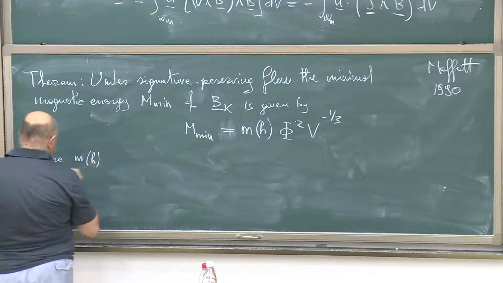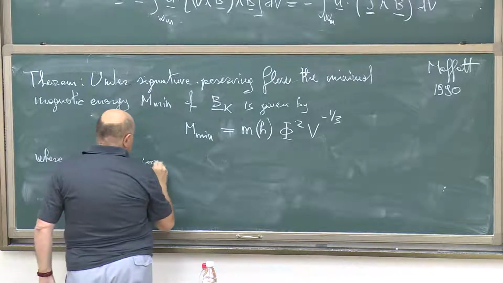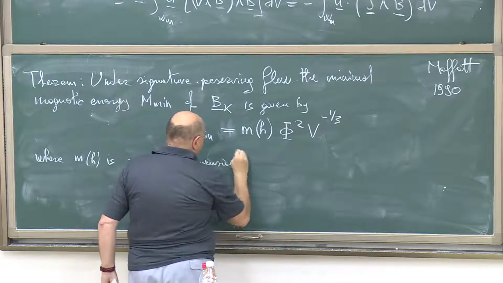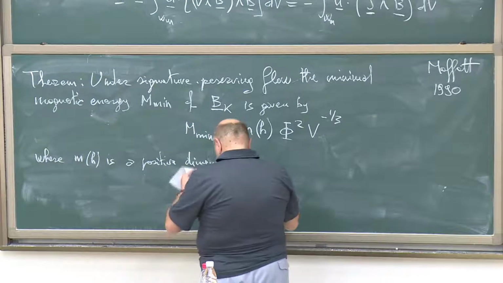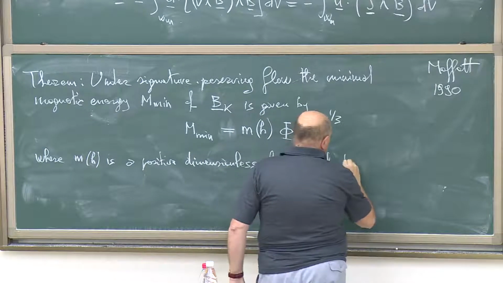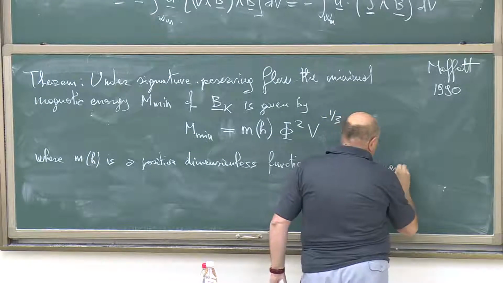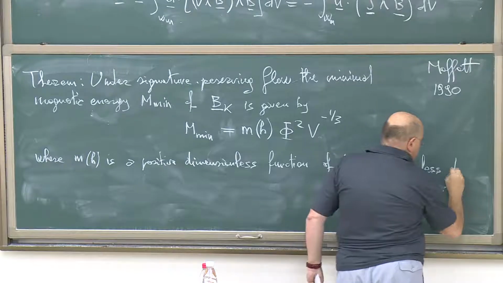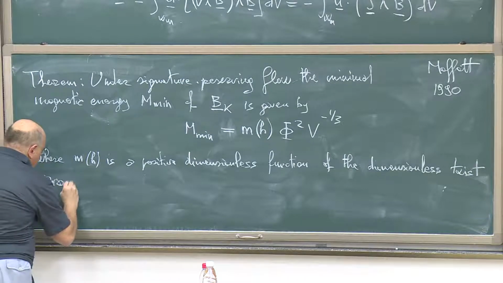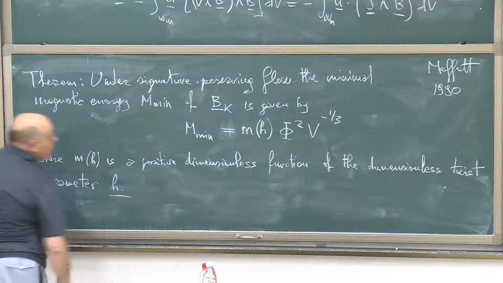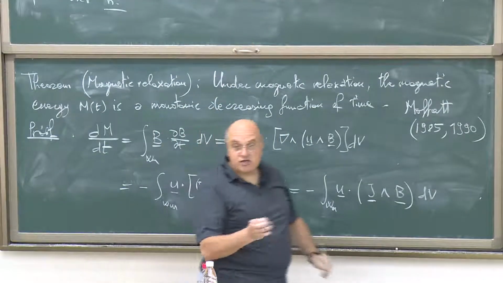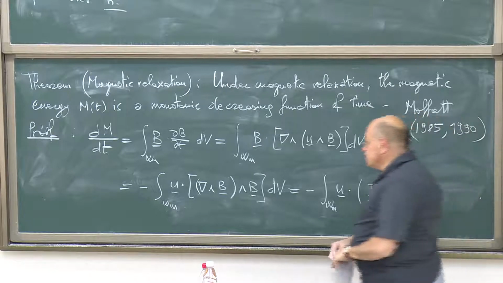M of H is a positive, dimensionless function of the, let's say, dimensionless twist parameter H. So this result is based on dimensional analysis, it is very, very simple.